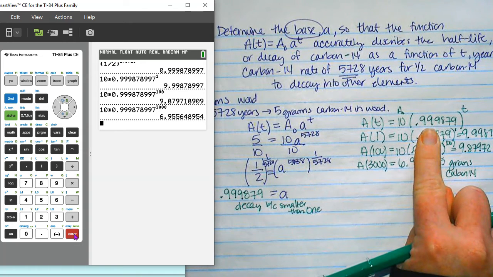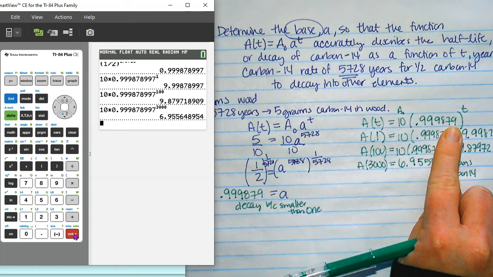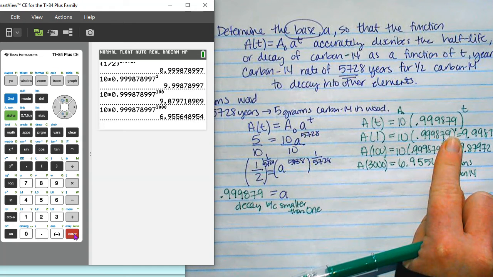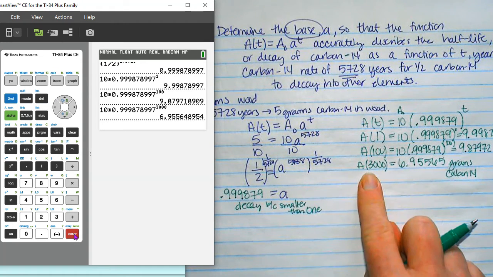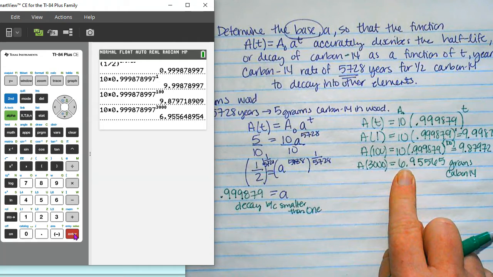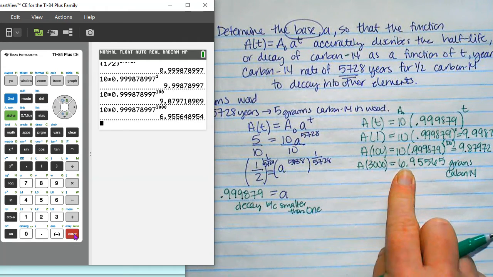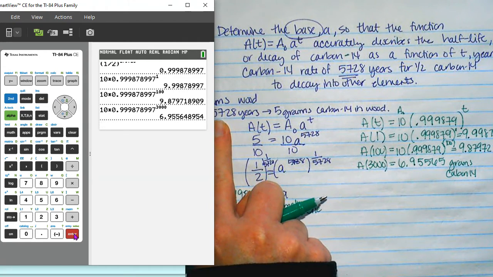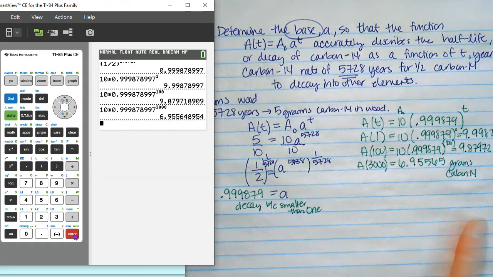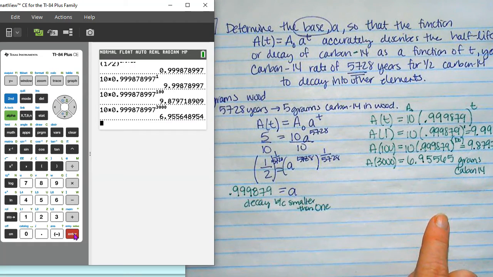Because the time was so long, this number is really, really close to 1. But every time you multiply by another one of these, it gets smaller and smaller and smaller. It takes 3,000 years to bring it down to almost 7 grams. And if you went all the way to 5,700, you would get to 5 grams like we figured out.